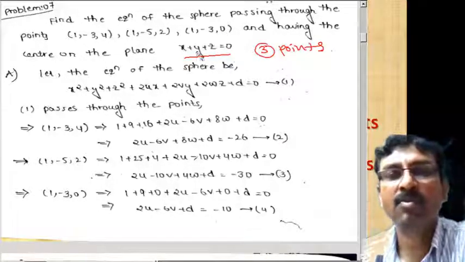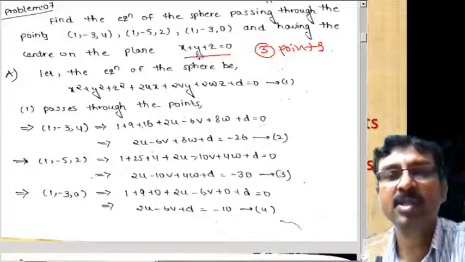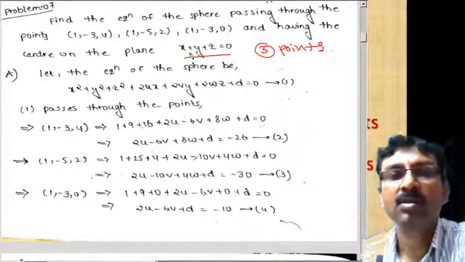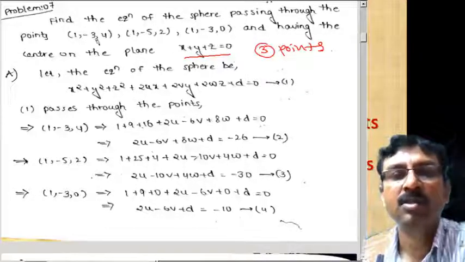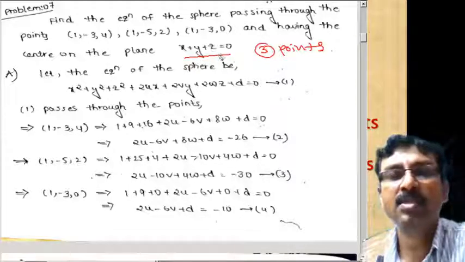These are 4 hints given to find the required sphere. The 3 are points and 1 is the equation of a plane, not a line, the equation of a plane.